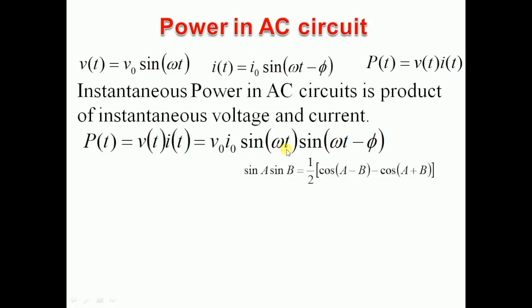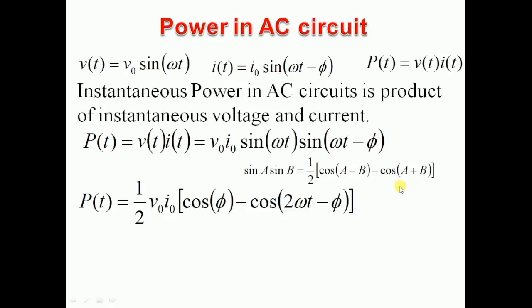Now here we have sine of omega t times sine of omega t minus phi. We have a trigonometric relation that sine A into sine B is equal to 1 by 2 inside bracket cos of A minus B minus cos of A plus B. We are going to use this trigonometric identity, and I advise the beginners to pick up a piece of paper and pencil and work this out for A equal to omega t and B equal to omega t minus phi.